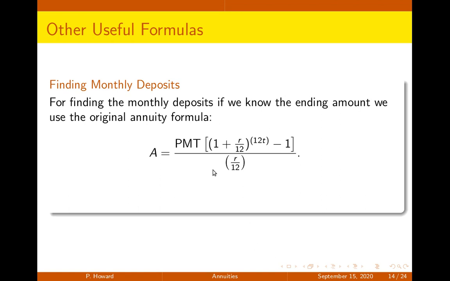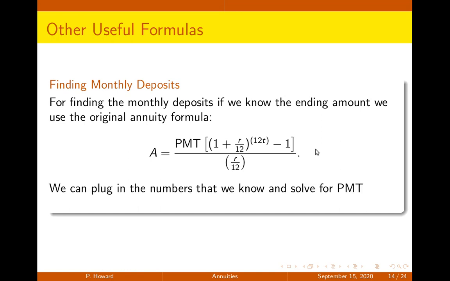Okay, so we're going to use the original annuity formula. Here it is again. And one way to do this is simply to plug in the numbers that we know. So if you have an ending amount in mind and you want to know what the monthly payment should be, you could simply plug in the ending amount, plug in the interest rate, plug in the time in years, and solve for your monthly payment.